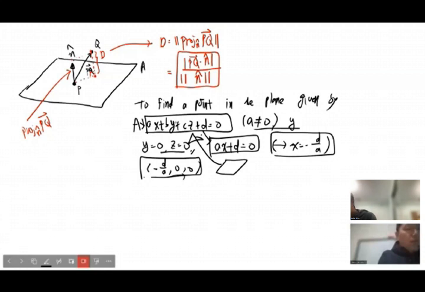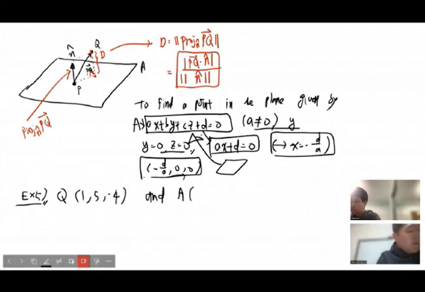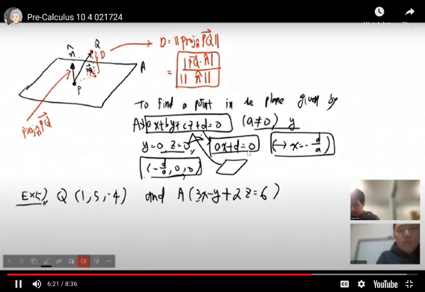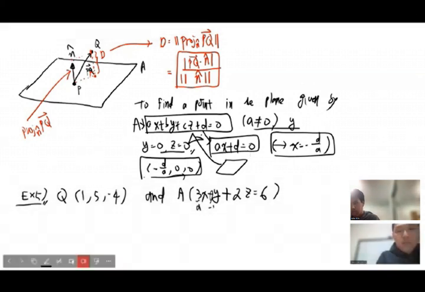So let me just go with this definition with an example problem. Let's find the distance between Q (1, 5, minus 4) and plane A, 3x minus y plus 2z equal to 6. Here, the normal vector, as you know, this is A equals 3, minus 1 is B, and C equals 2, and D is minus 6.